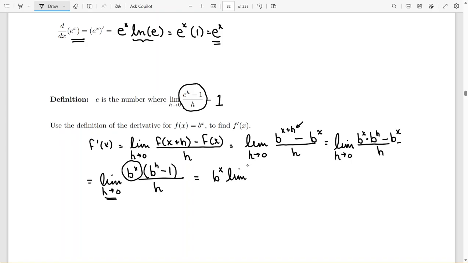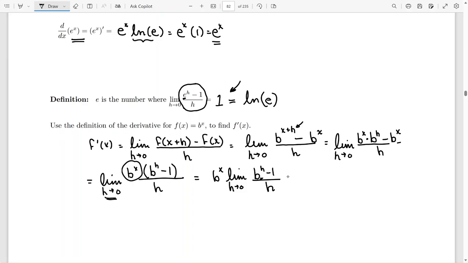And then as the limit is b to the h minus 1 over h as h approaches 0. All right. Well, when we did this one up here, another name for 1 is natural log of e, and that's with a base of e.